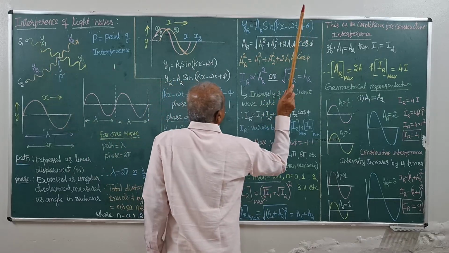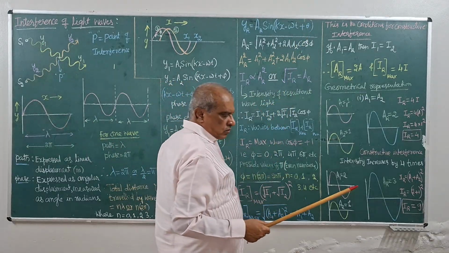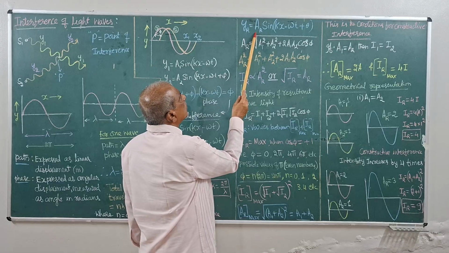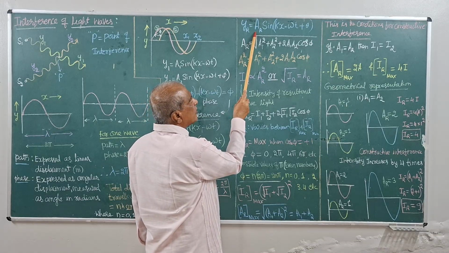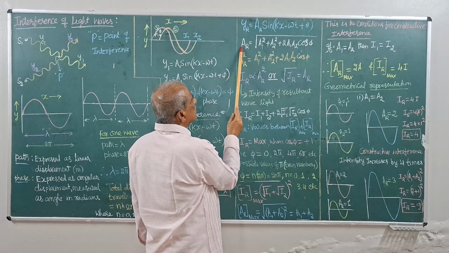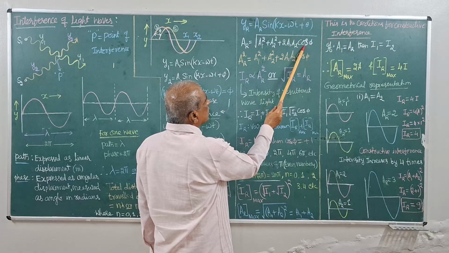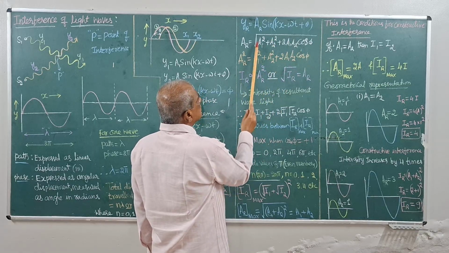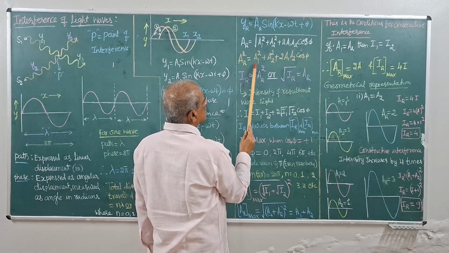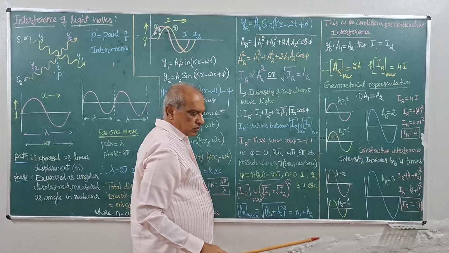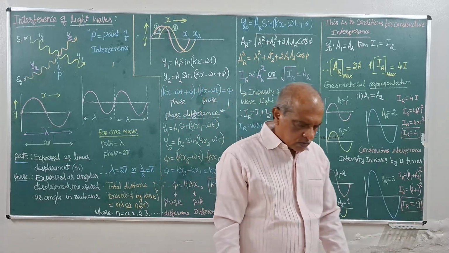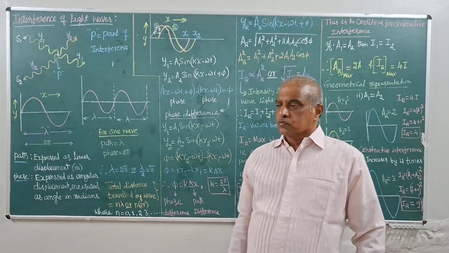That is theta. And recall what AR is; it was also evaluated in the previous session. AR equals this. We can also write it like this, in terms of square root, in terms of square. This is with respect to the resultant amplitude.